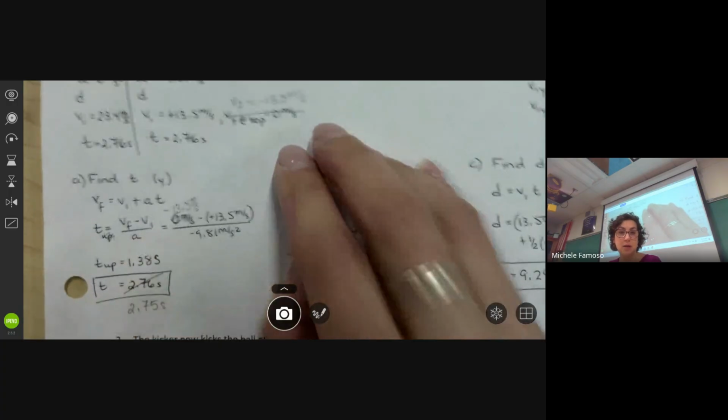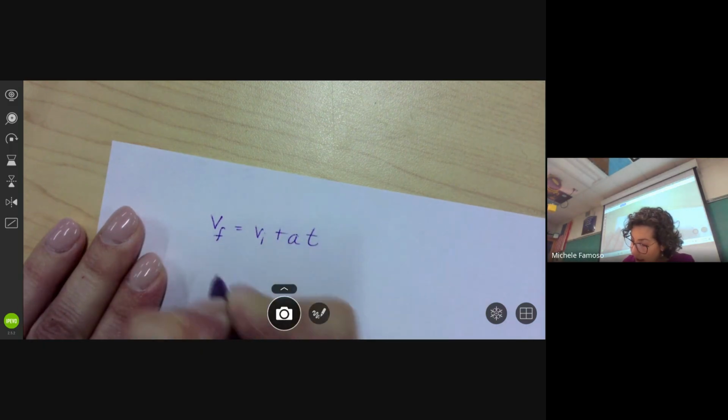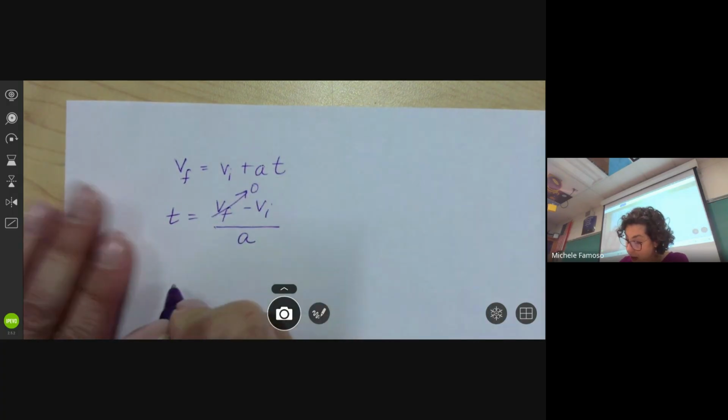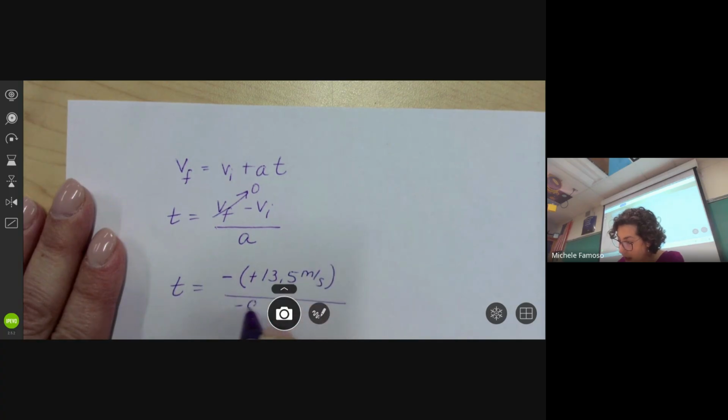So you could use that, or you could use VF at the top. What I did here, it looks like I used the VF at the final point, but let me do it the way I showed you yesterday. We're going to use it at the top and then double our answer for the time, which I think will end up with 2.76 seconds. I would still use VF equals VI plus AT, which means that T is VF minus VI over A. The VF at the top is 0. So when I plug in, I would have negative of positive 13.5 meters per second divided by negative 9.81 meters per second squared.